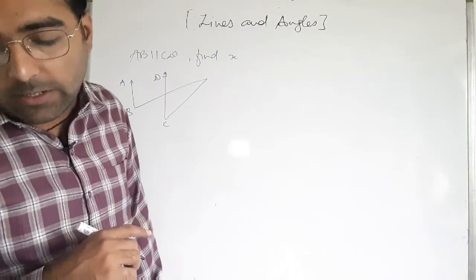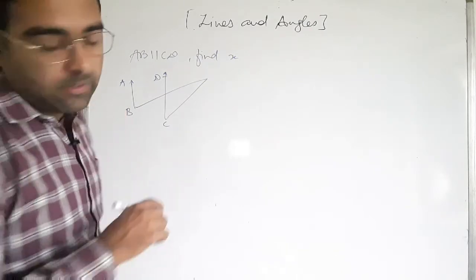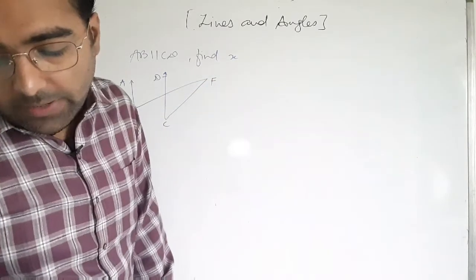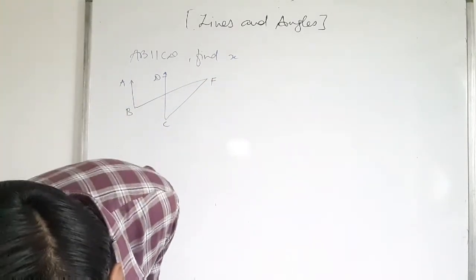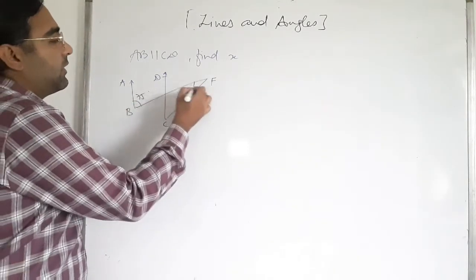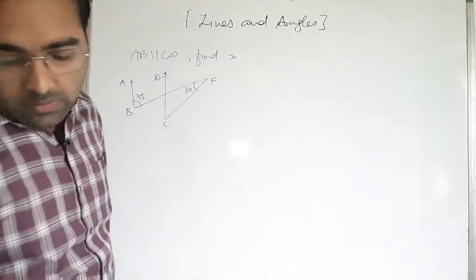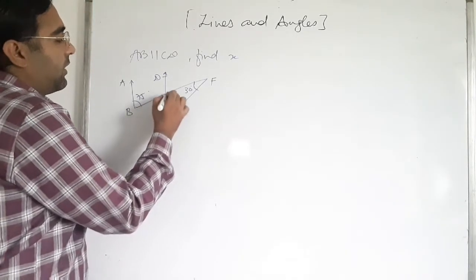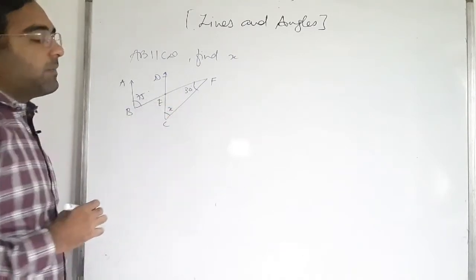Both of them are parallel, and here is the angle F. Here is the 75 degree, this is the 30 degree, and we need to find angle X here, and the point of this intersection is E.